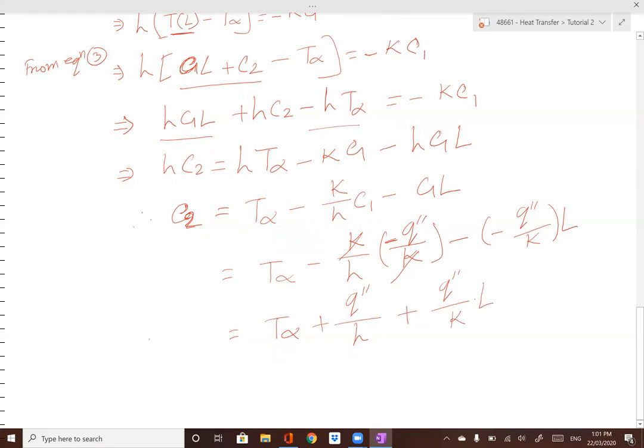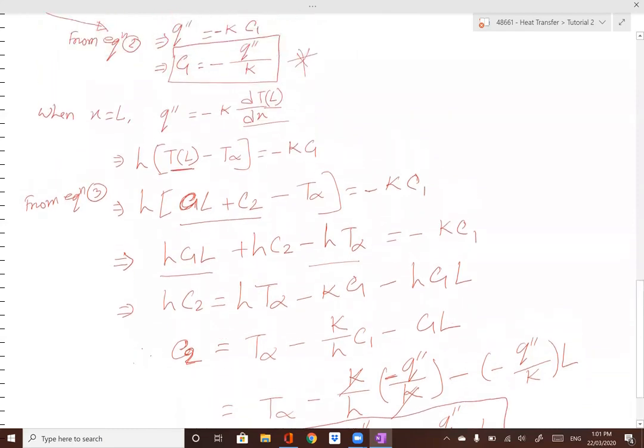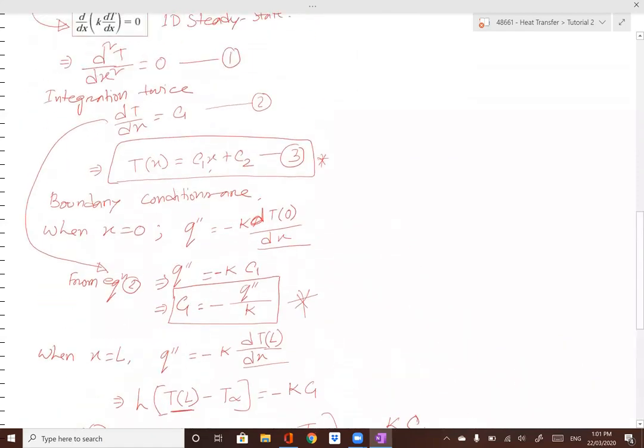So we got the C2 value also. Now we will put the C1 and C2 values in equation 3. Equation 3 was this one.